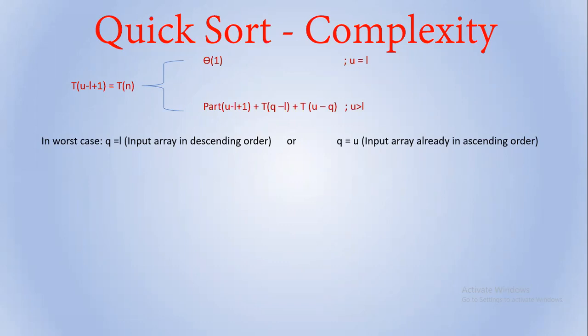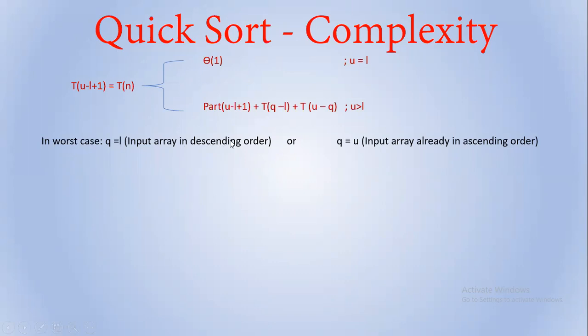So in that case, Q will be equal to L. That means Q will be set as the first of this input array.